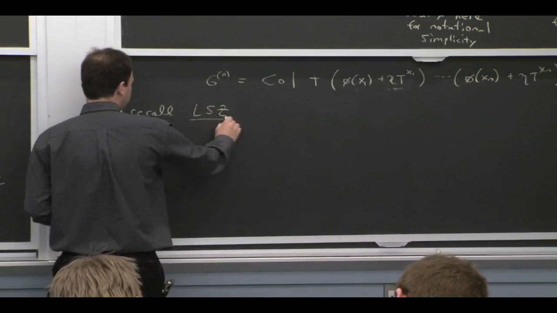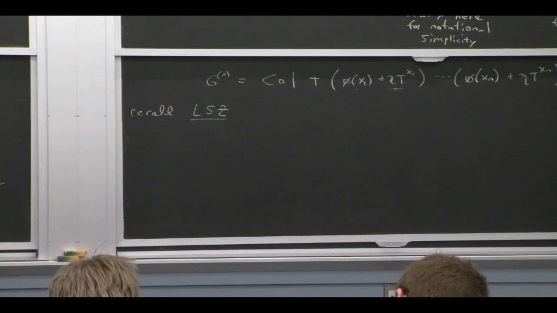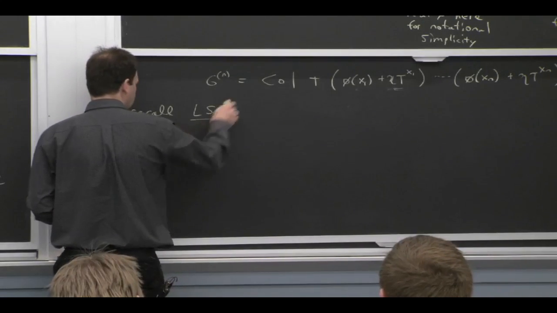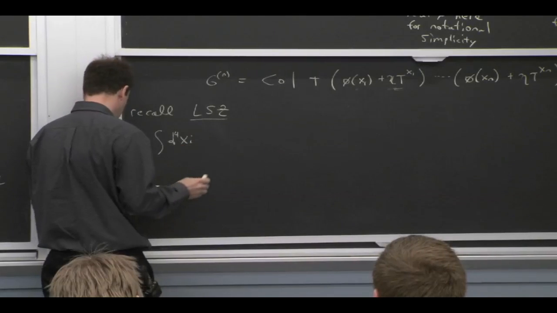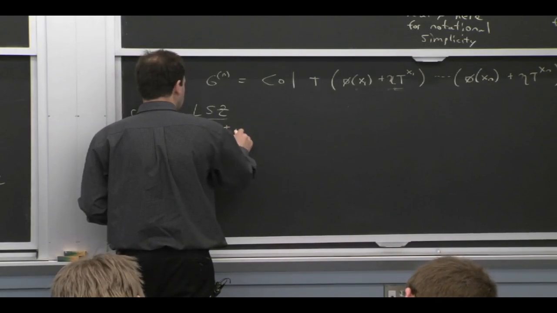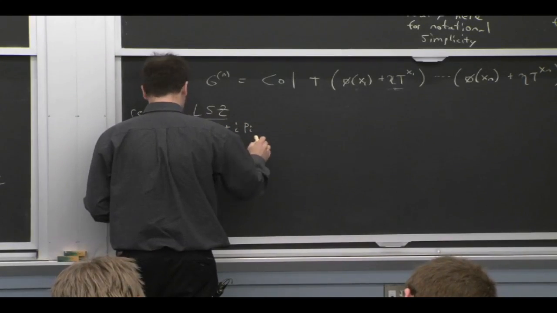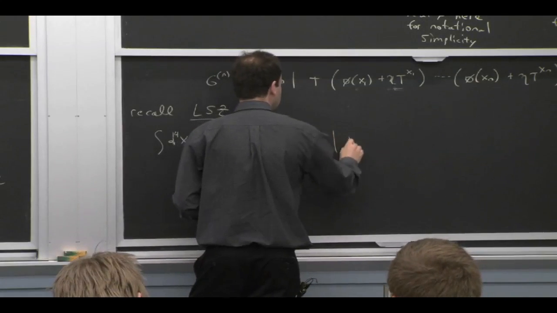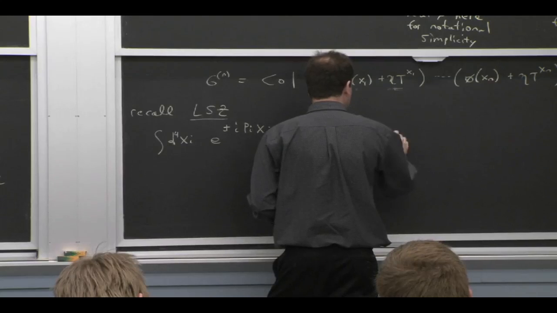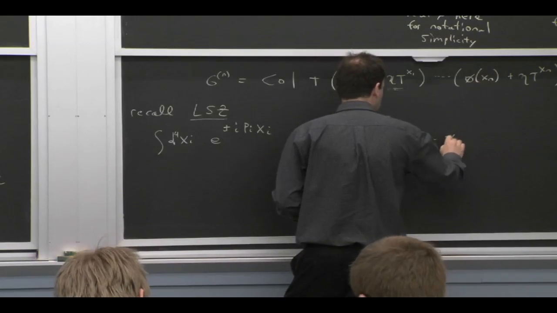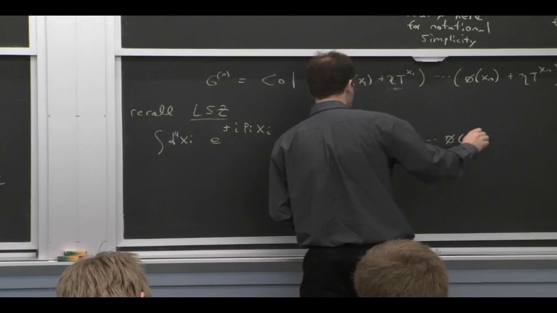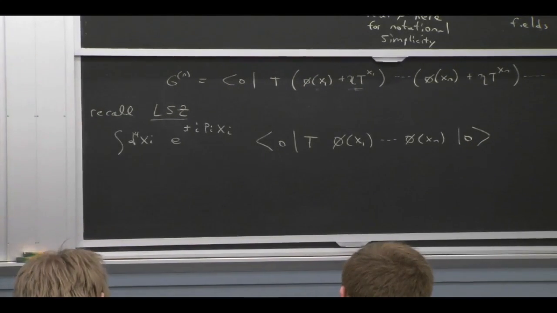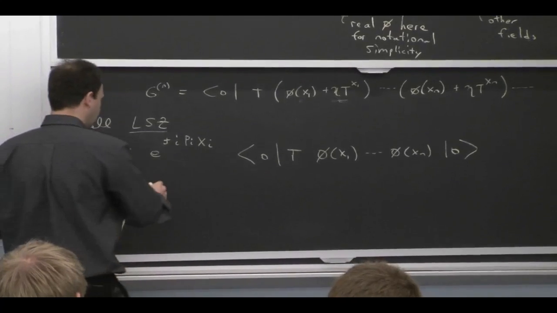So when we think about observables, we should think about the LSZ formula, which connects Green's functions to S matrix elements. Let me remind you about that. I'll remind you what it looks like for some fixed set of fields, which are scalar fields, but we could put fermions in it as well.